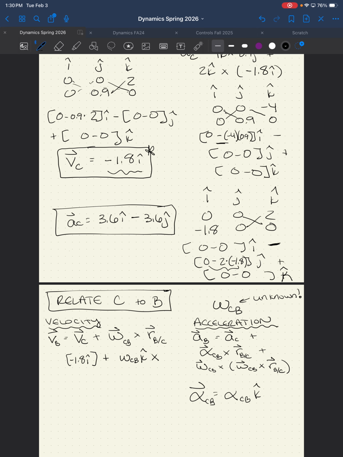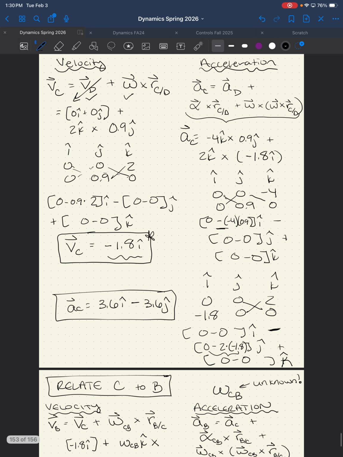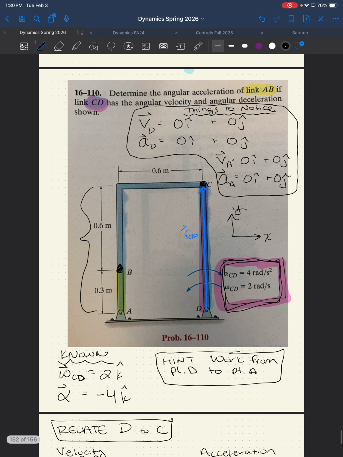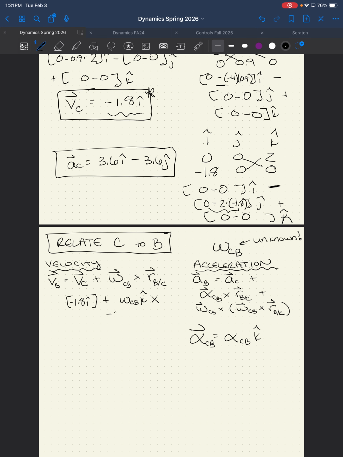So this will be alpha CB in the k-hat direction crossed with R B/C, which we already found, so that was minus 0.6i minus 0.6j, plus omega CB k-hat crossed with omega cross R, which should just be the result of this cross product that we already took for velocity.